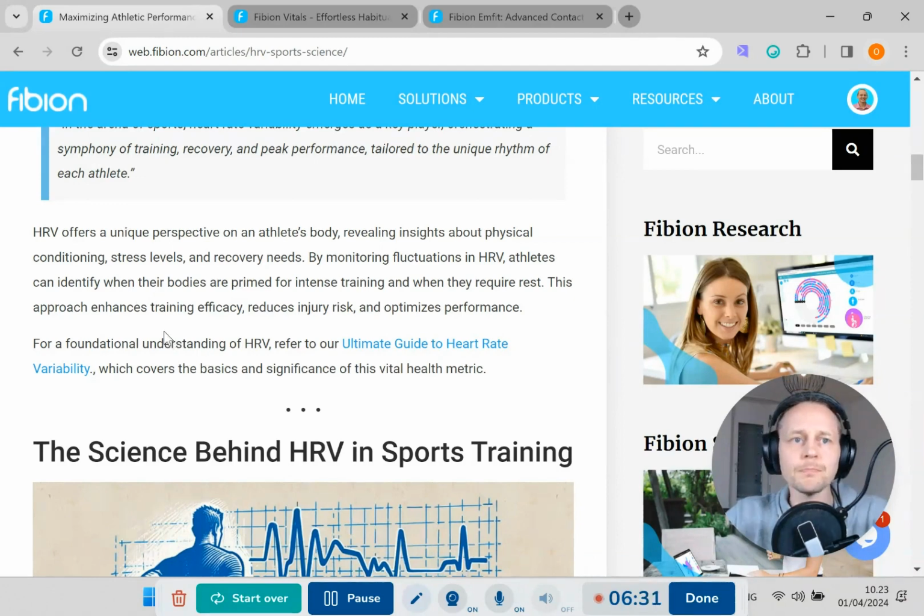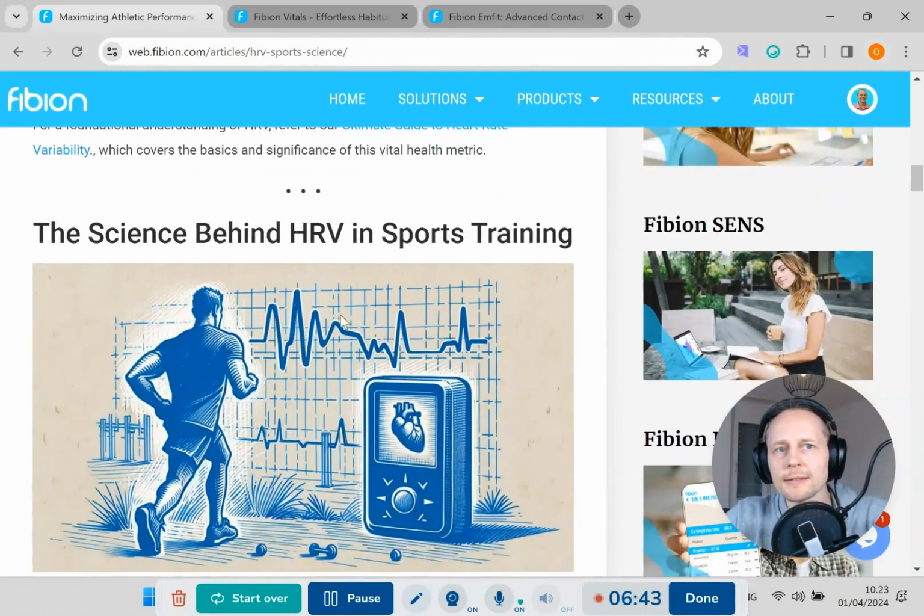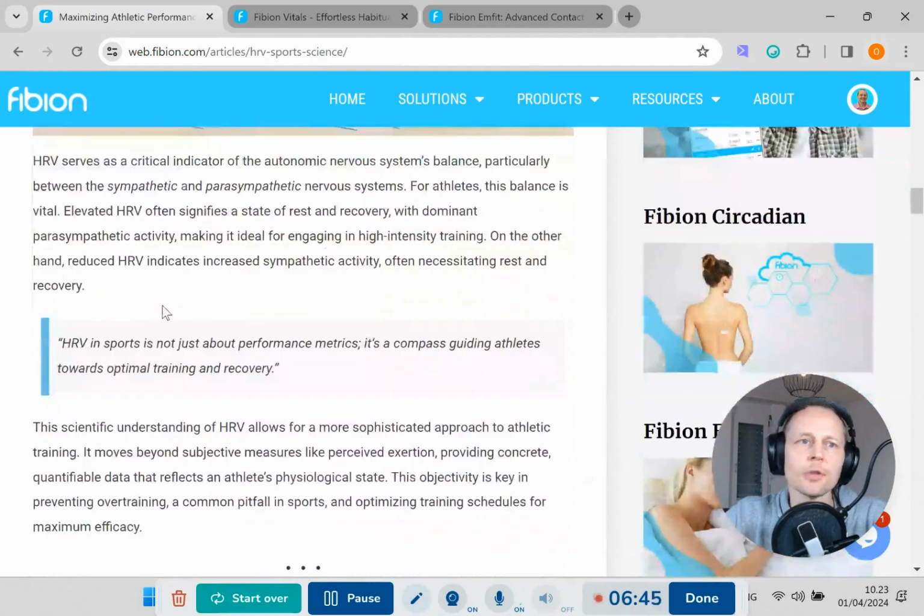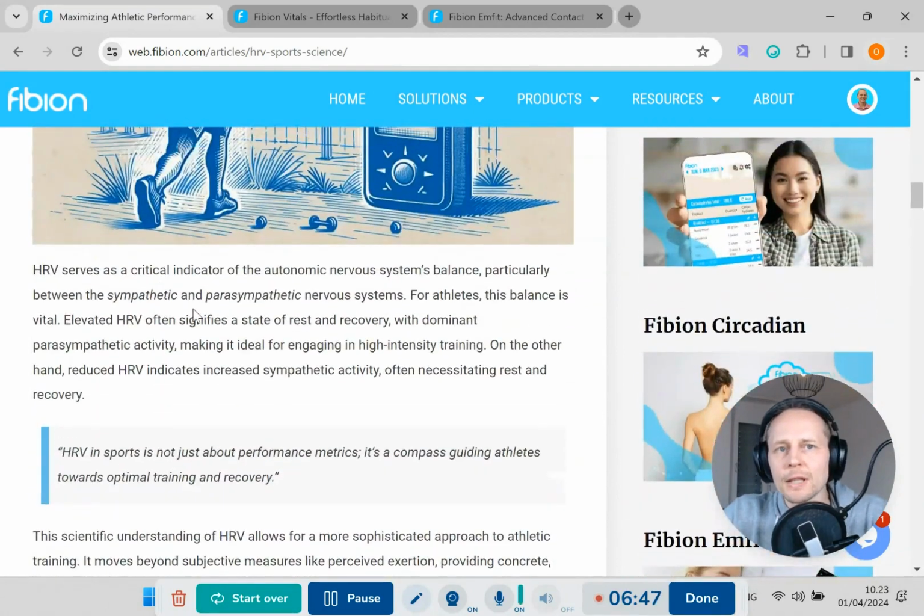And if we look a little bit at the science behind HRV and sports training, as we have discussed in the earlier episode about HRV, the HRV serves as an indicator of the autonomic nervous system balance between the sympathetic and parasympathetic nervous system. And this is very important. We all know that when we are doing training, the sympathetic part takes over, is highly activated.